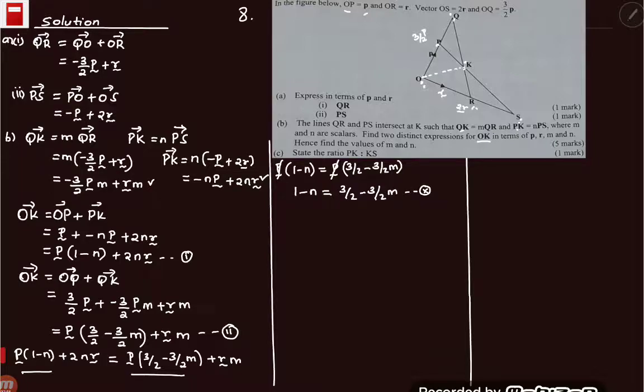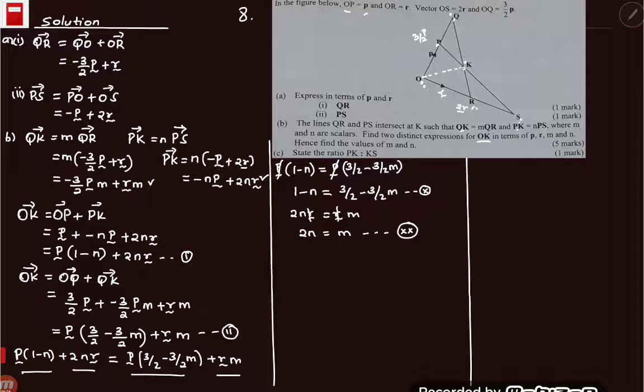Then the terms that have vector R, we will have 2NR is equal to RM. So the R's cancel and we have 2N being equal to M. We can call that equation two stars. Now from equation two stars, we can see that the value of M is equal to 2N.